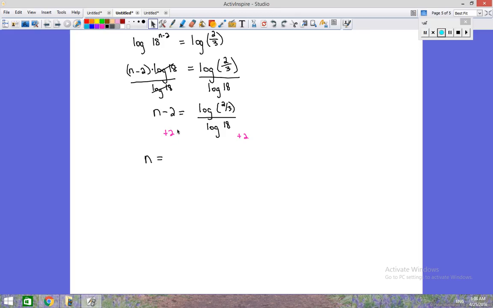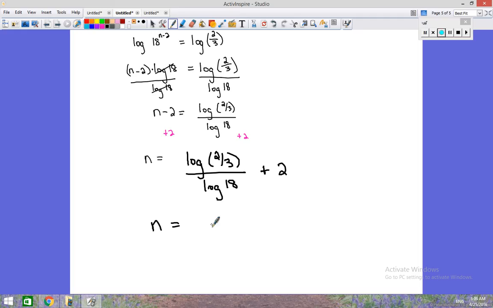Negative 2 plus 2 is 0. 0 is the additive identity. Anytime you add 0, you get the identical thing back. So 1 is the multiplicative identity and 0 is the additive identity. And when you hear identity, in this case, it means you get the identical thing back.